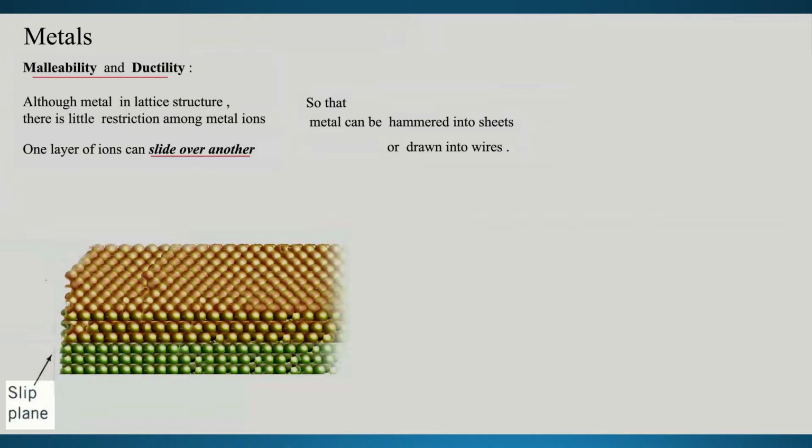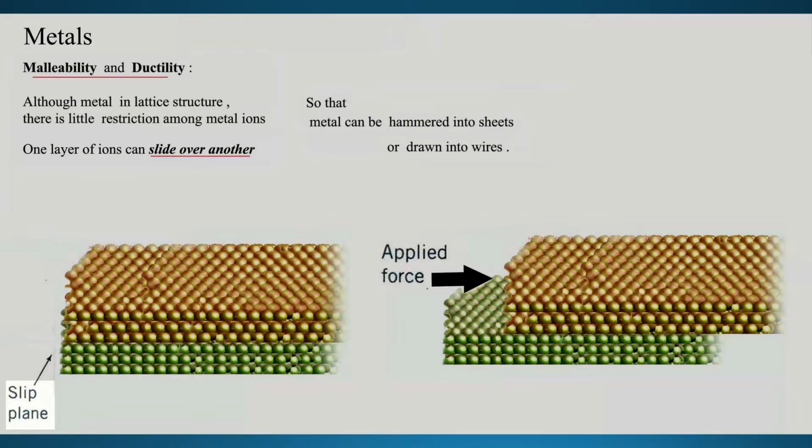So if you apply force against one layer, the layer can quite easily slip past another. So in the olden days, the blacksmith could heat up the metal and hammer it into a sheet or draw it into a wire. So metals are quite malleable and ductile.